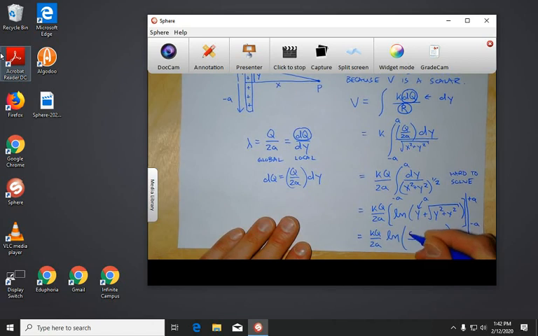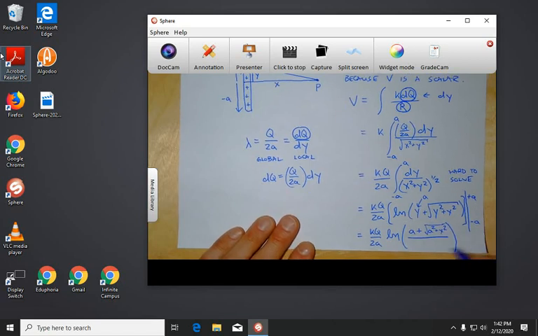So I'll have a plus the square root of a squared plus x squared on the top. And then when I would subtract the other part, that would put me down here on the denominator. So this is negative a plus the square root of a squared plus x squared. And that is actually our answer.